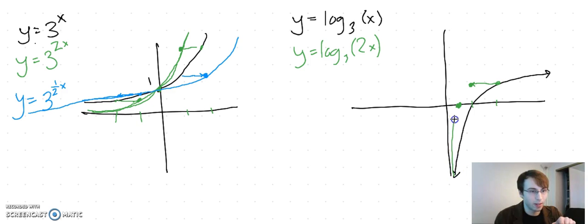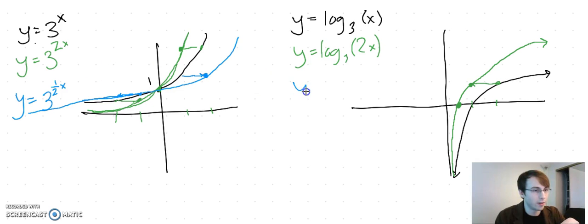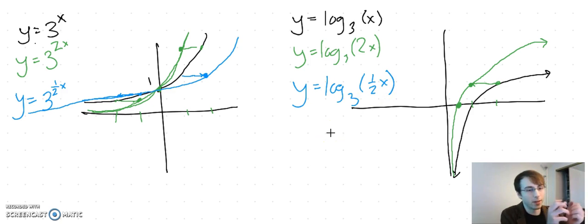So we're going to have something like this. Again, it's kind of like we're compressing it towards the y-axis. Now, when we do y equals log 3 of 1/2 x, it's kind of like we're stretching it away from the y-axis.